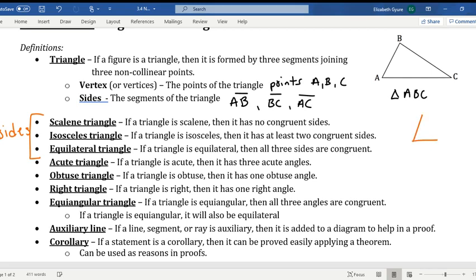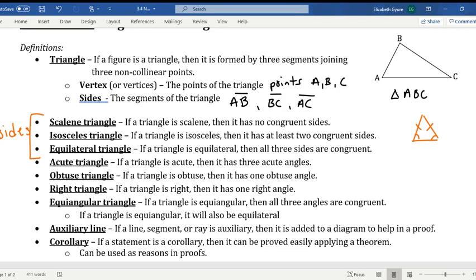Oftentimes they'll look something like this, where you'll have your 2 congruent sides marked. And let's make a prediction here. If you have 2 congruent sides, what else do you think you might have? Carly? 2 congruent angles, and those angles are always the ones across from those congruent sides.